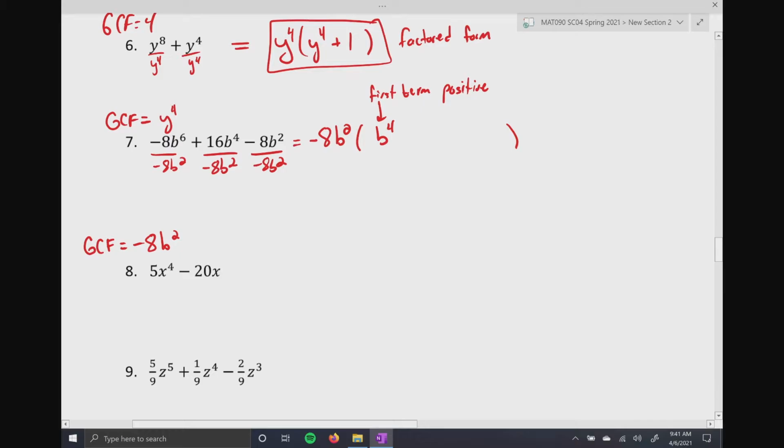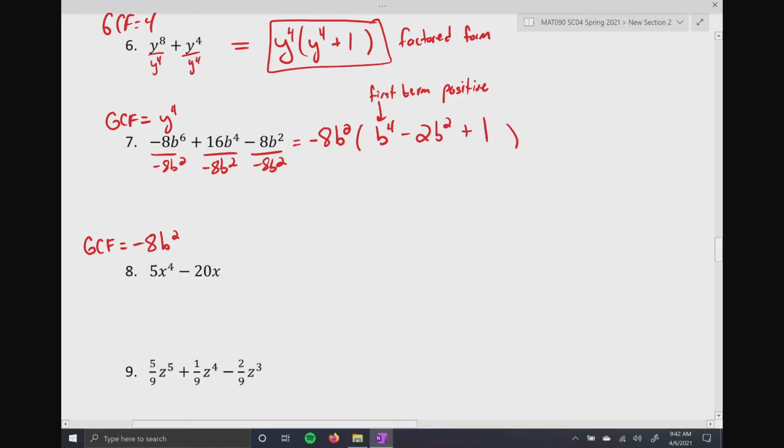Now I'm going to do the middle term. Like I said, take your time. 16 divided by negative 8 is negative 2. b to the fourth divided by b to the second is b to the second, because 4 minus 2 is 2. Now the last term, negative 8 divided by negative 8 is positive 1.